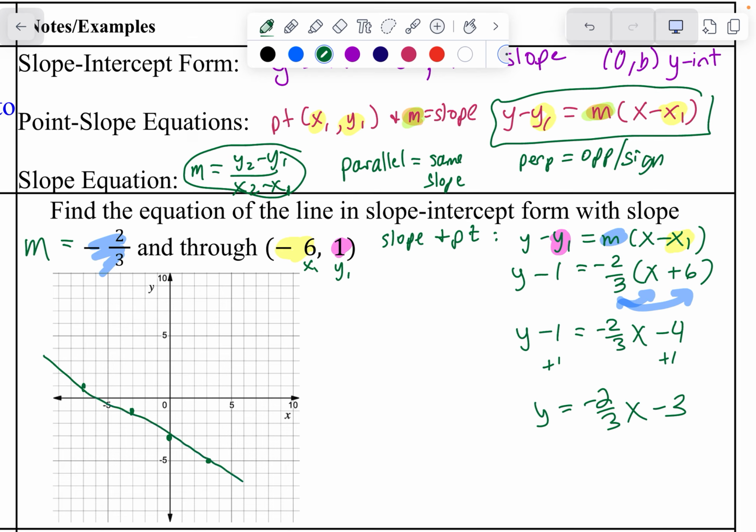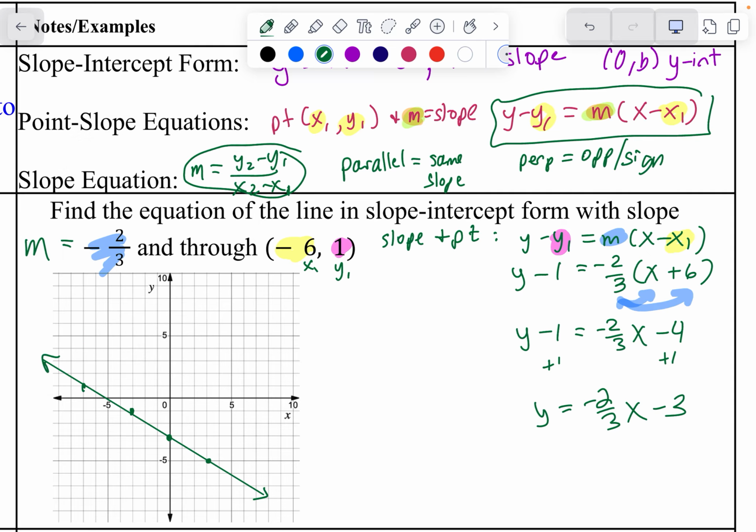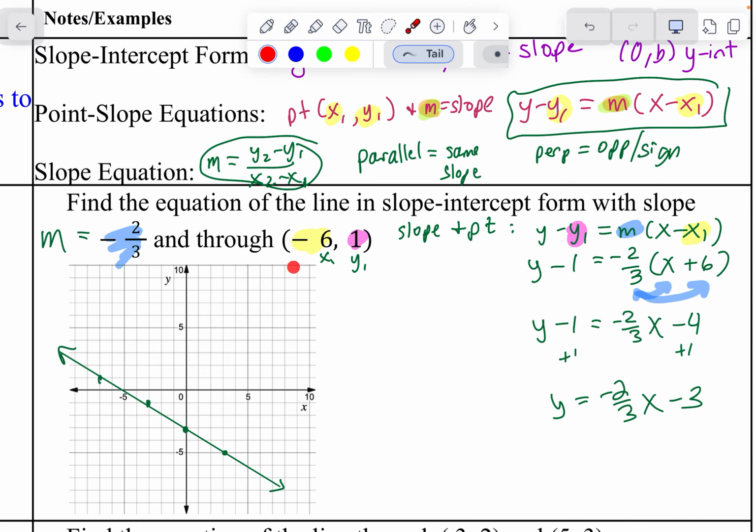Okay. Now, the thing I always ask myself, did I hit the original points they talked about? So did I go through the point negative 6, 1? So did I do something funky? Over 3, down 2, over 3, up 2.